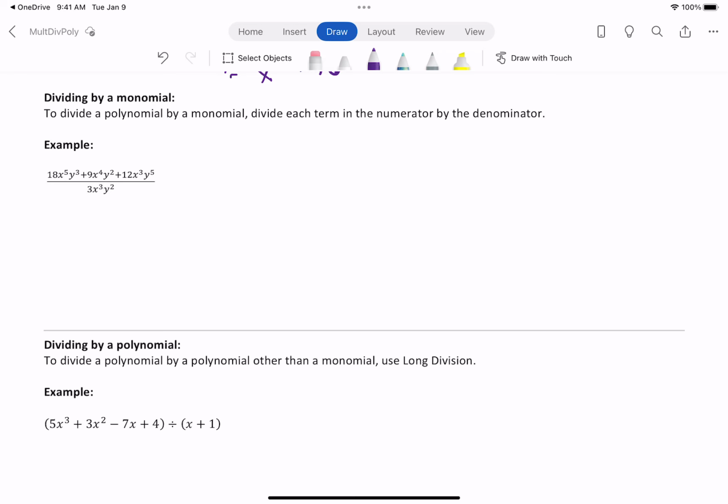For the first one, when we're dividing by a monomial, all we want to do is rewrite each term that is in the numerator over the denominator. So basically we're just separating it out.